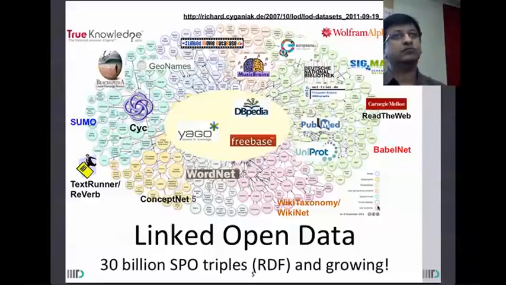So something like Wiki taxonomy might use a different set of predicates for referring to the same predicate being used in some other linked open data set. So merging of these predicates, deciding that they are actually the same ones, is another research problem.